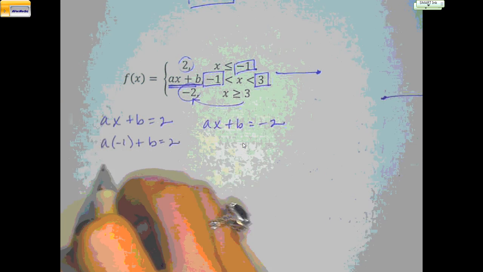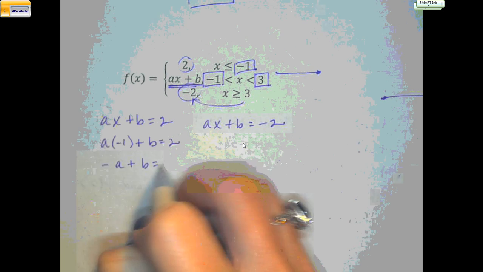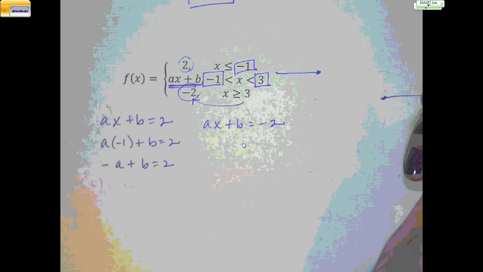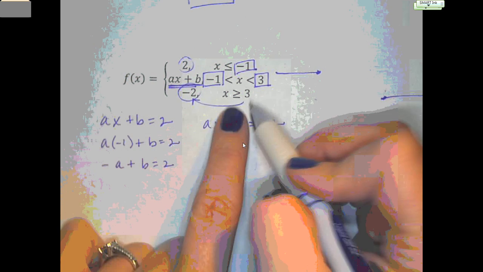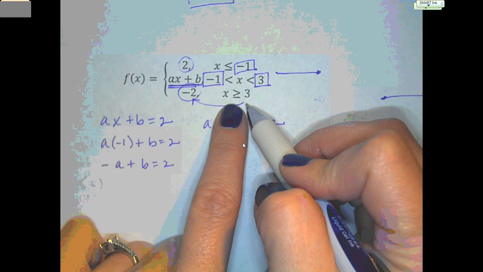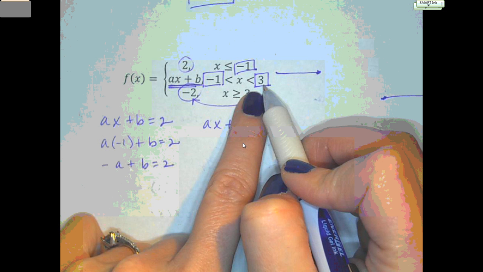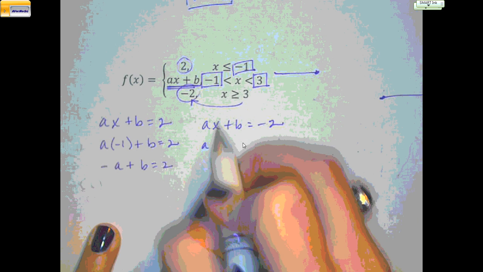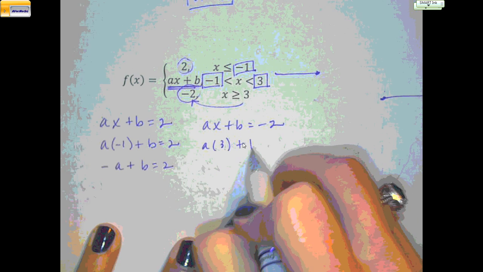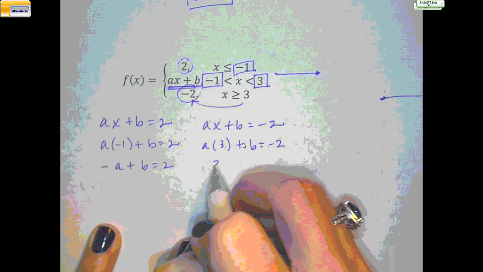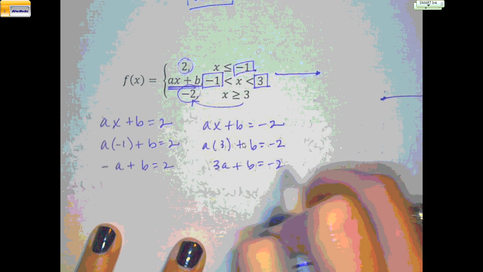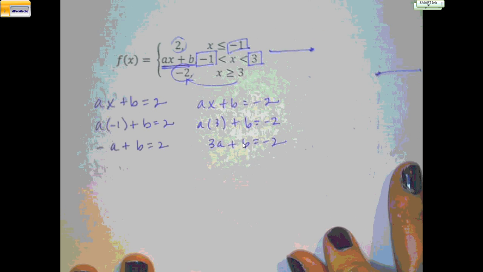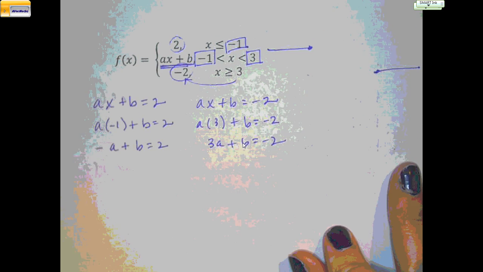So now I have negative A plus B equals 2. For the bottom one, I plugged in a 3. So for this one, when I plug in a 3, I should also get a negative 2. So I have A times 3 plus B equals negative 2. So I have 3A plus B equals negative 2. Well, I've whittled them down to 2 variables apiece. Now what am I going to do?